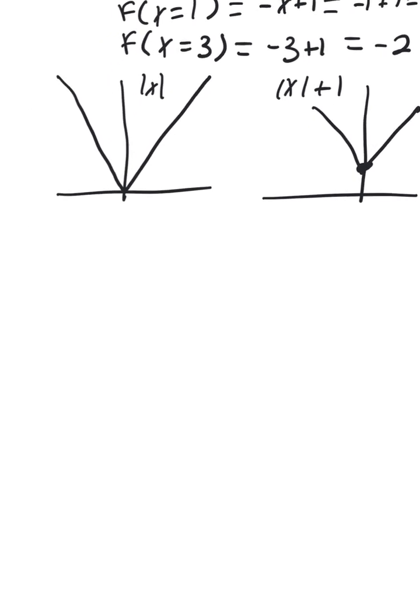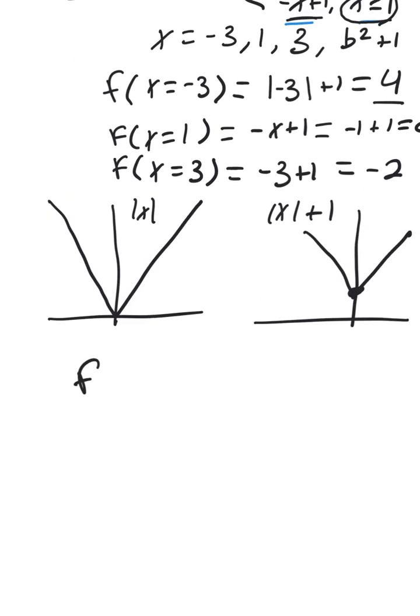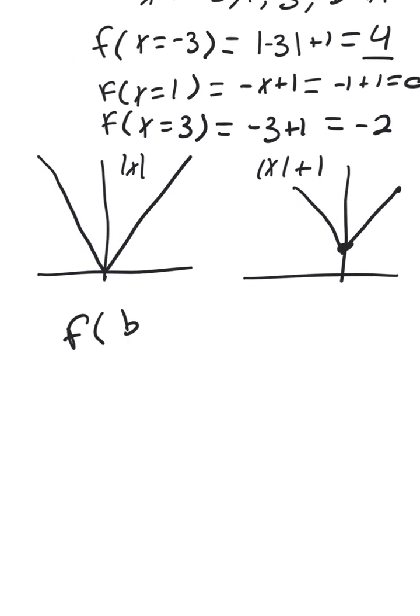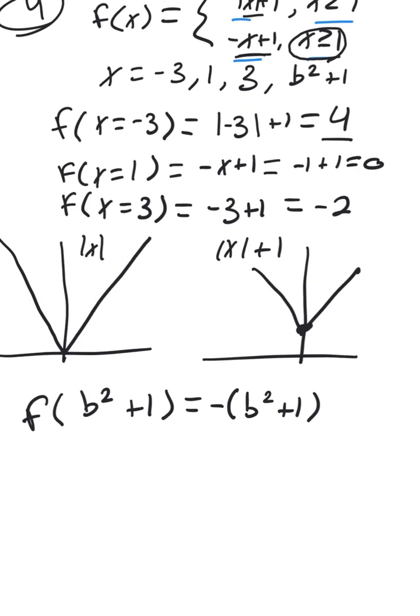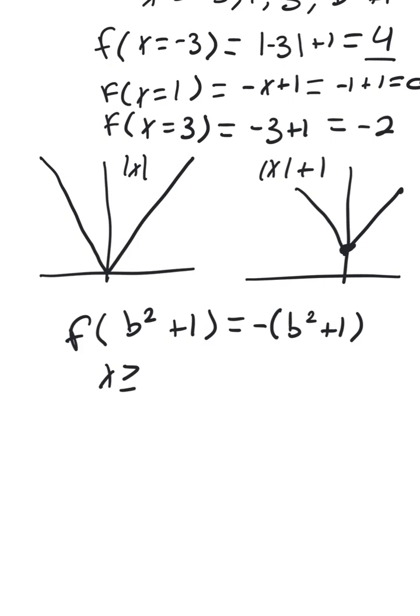So through our understanding of that, we know that our next equation will be f of b squared plus 1, which is equal to b squared plus 1, because whatever b is, even though it's squared, it's always going to be a positive number. And then plus 1, we know that it's going to be bigger than 1. So x is greater than or equal to 1.